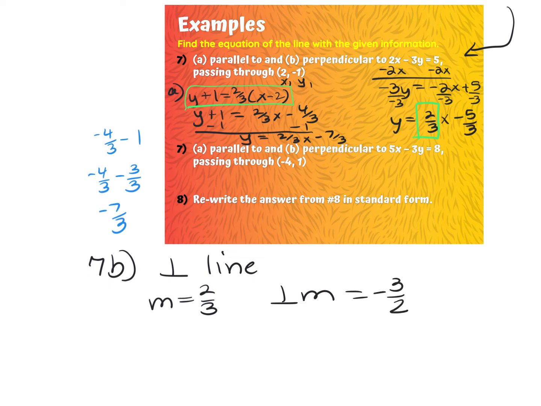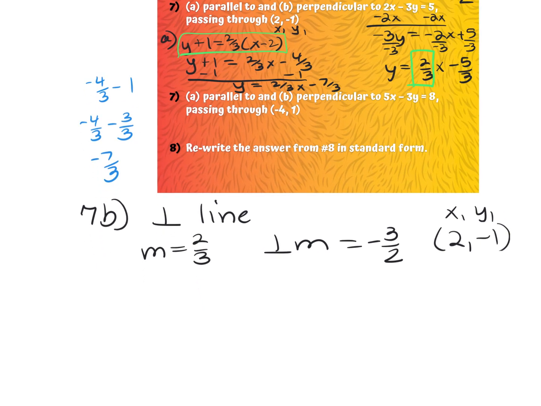So now I'm going to use that m, this same ordered pair for my x1, y1, and plug it in. Now again, I'm just practicing with point slope. You could also do slope-intercept, find the b, and then plug everything back in again. So I'm going to do y minus y1, which was -1, times -3/2, and then x minus 2.